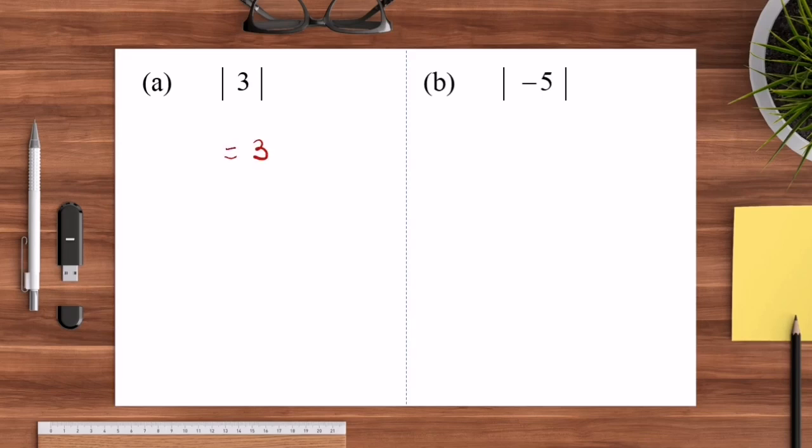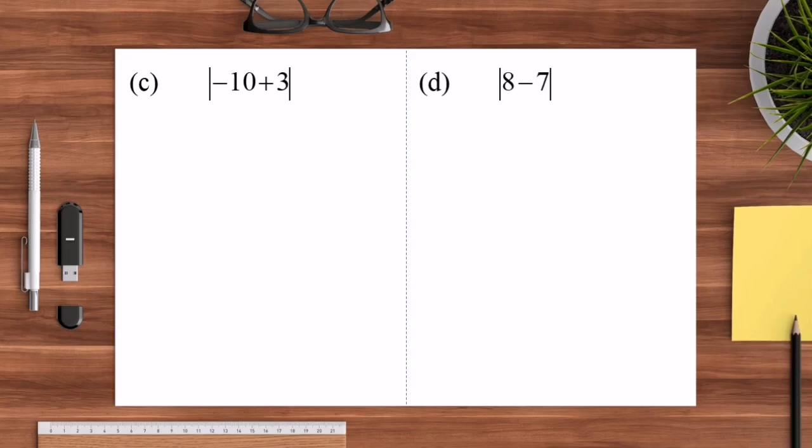Okay, so absolute value of 3 means the distance from 0 to 3. 0 to 3, the distance is 3. So absolute value of 3 equals 3. Same with question B. Absolute value of negative 5 means the distance unit from 0 to negative 5, which is equal to 5. So then absolute value of negative 5 is equal to 5.